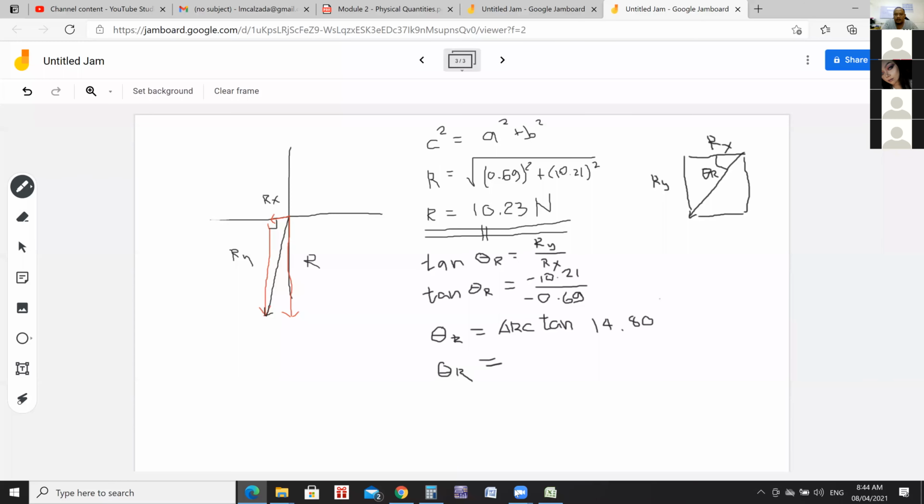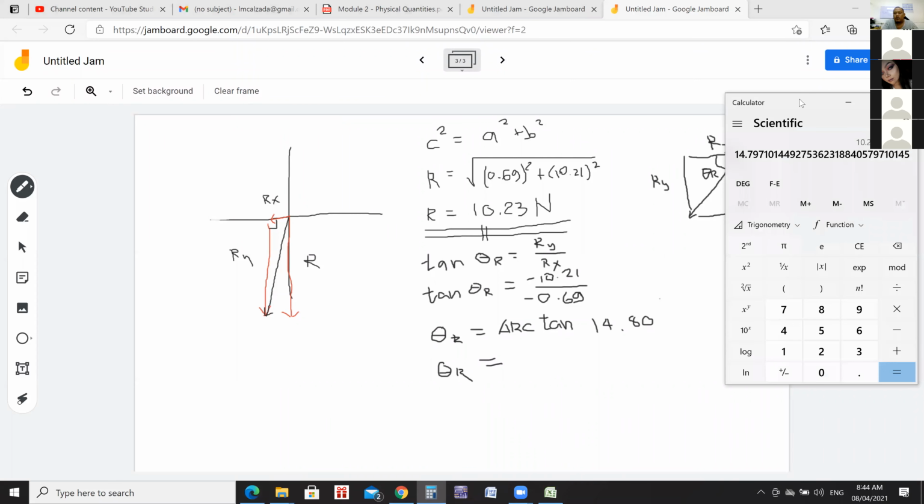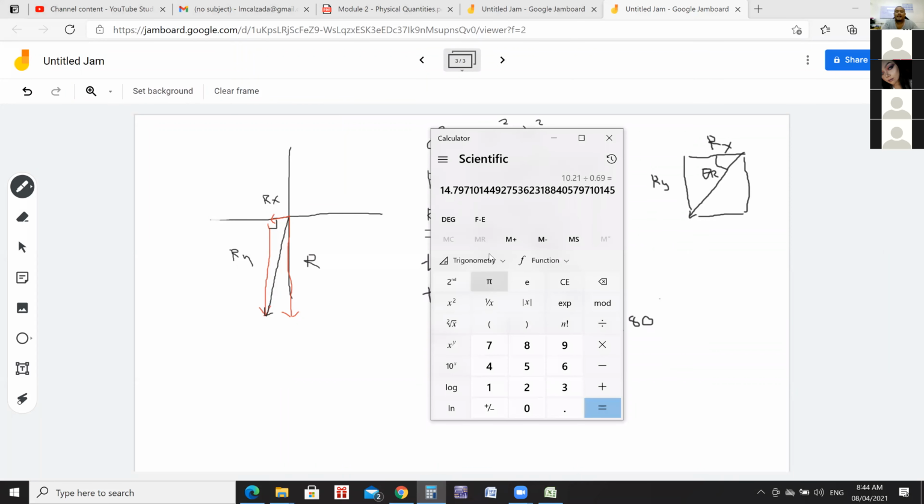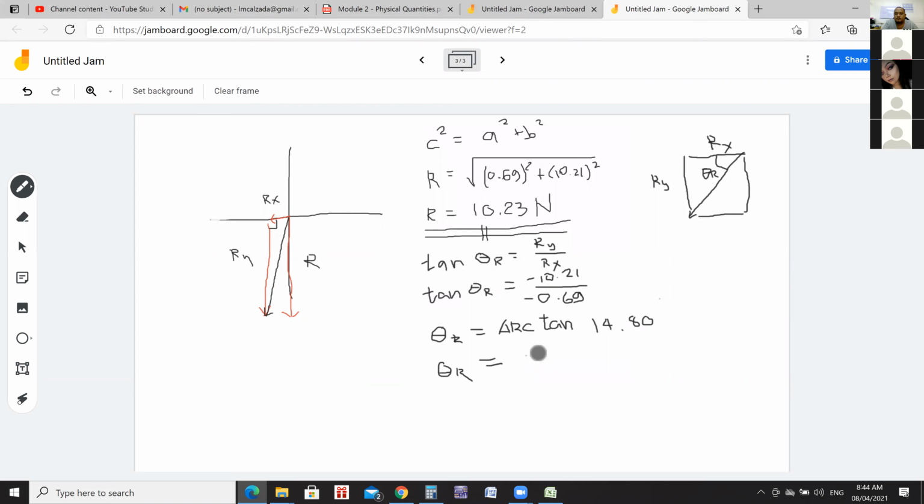Theta R is equal to arc tangent. So if it is 14.797, we just make it 14.80, okay? If you use second function tangent, the answer is 86.13 degrees. Again, 86.13 degrees.